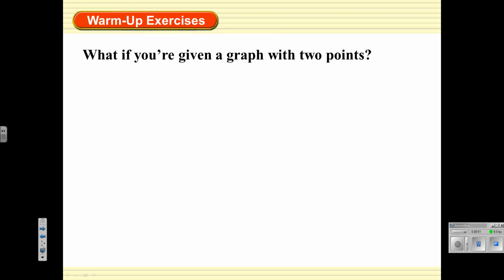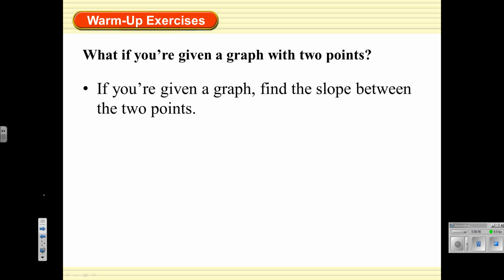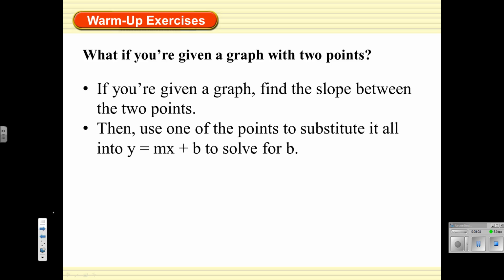All right, what if you're given a graph with 2 points? If you're given a graph, find the slope between the 2 points. Either use the slope formula, or just count, whatever you prefer. Count up and then count over, up or down and then over. Then use one of the points to substitute it all into y equals mx plus b to solve for b.